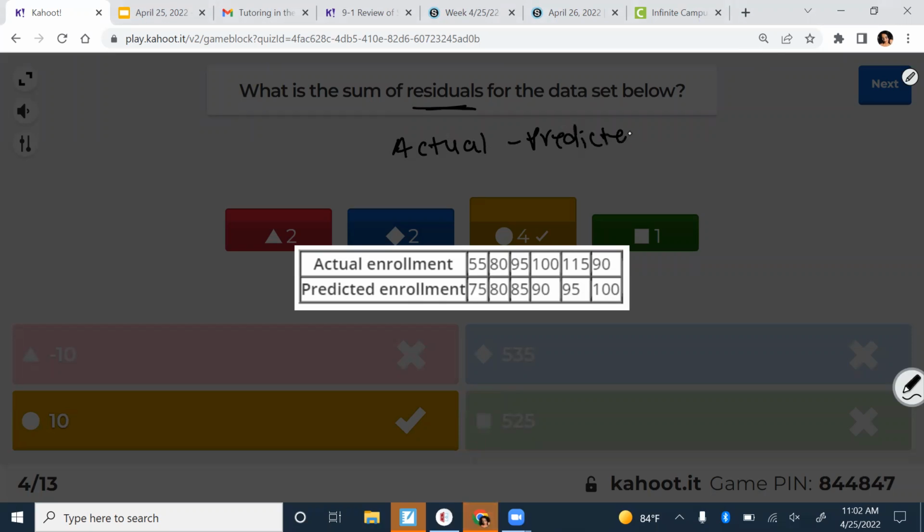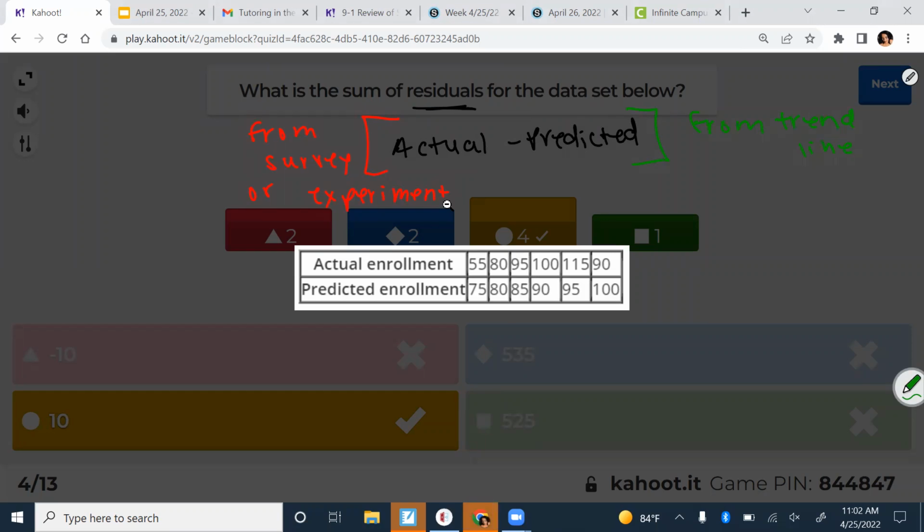Your actual values come from a survey or experiment, what you observed with your own eyeballs. The predicted is what you get from your trend line. In this one, they already gave you the actual and predicted, so we just need to subtract.